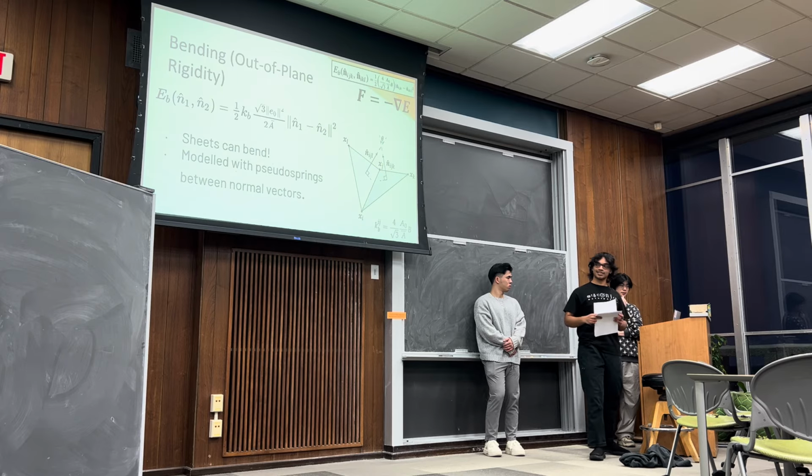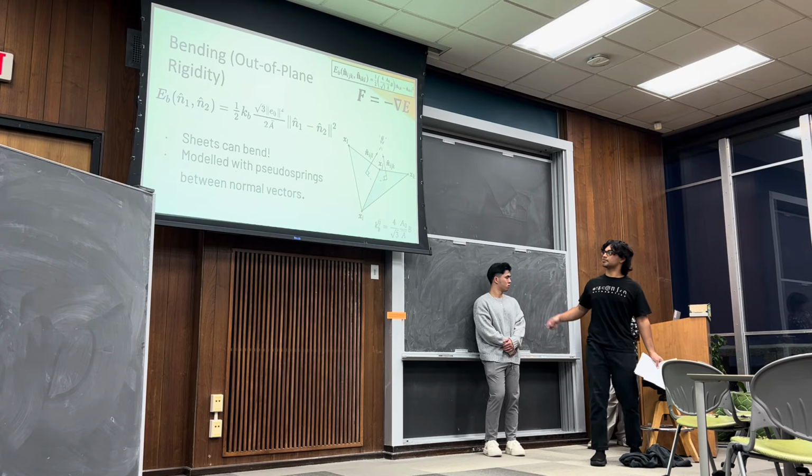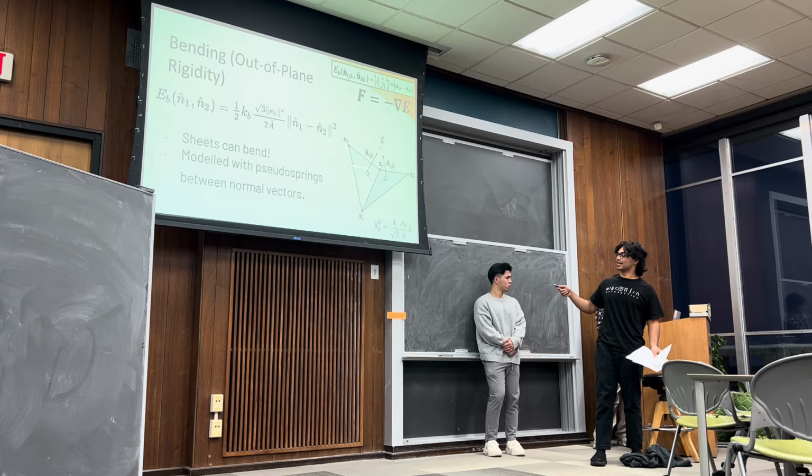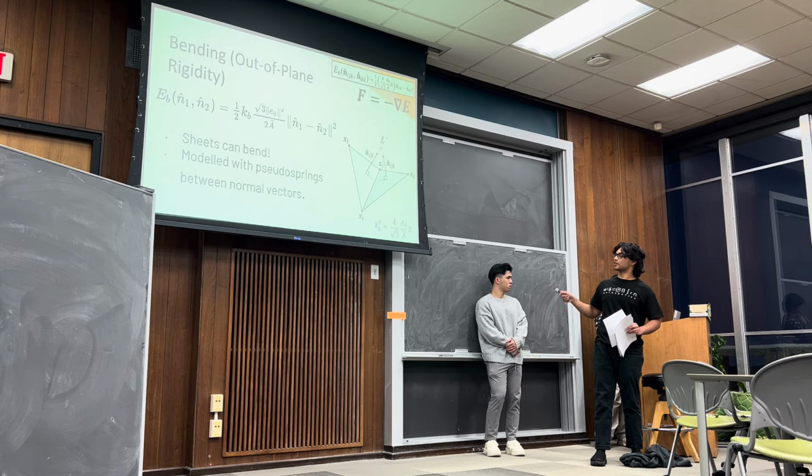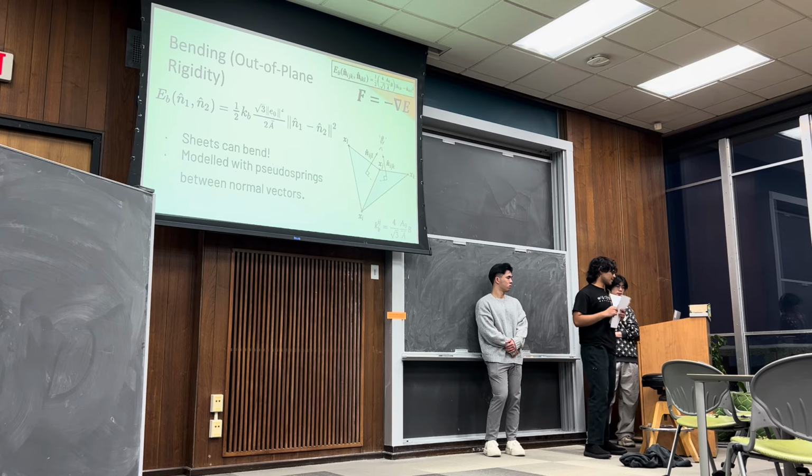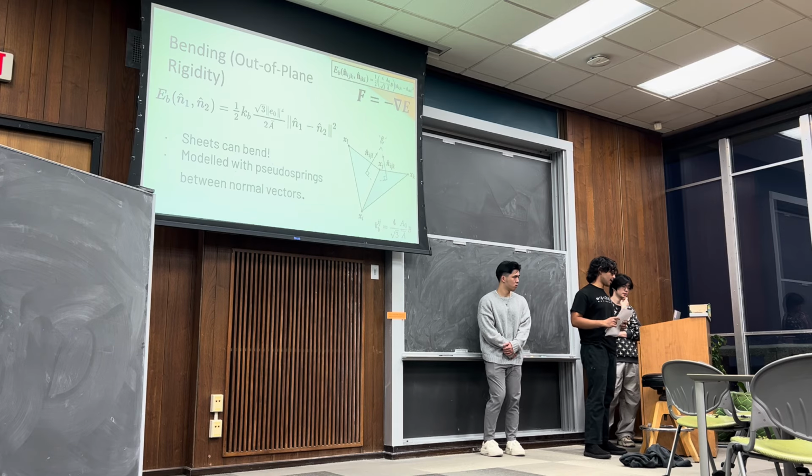We also talked earlier about bending energy, and that's the out of plane elasticity. We model the bending force by the gradient of this energy, and that's what allows us to properly model bending.